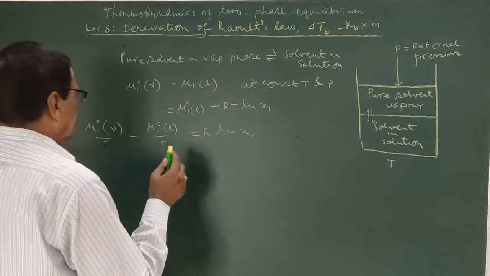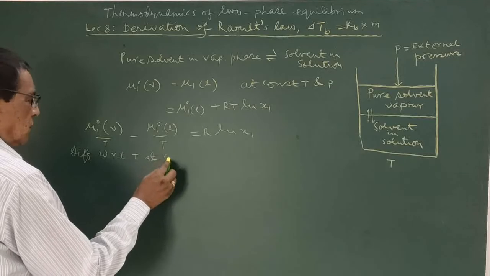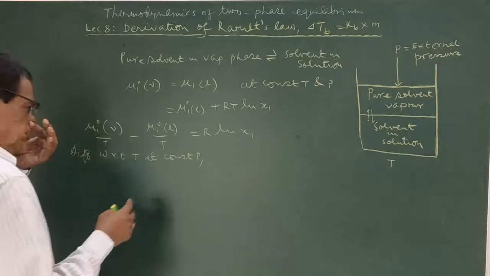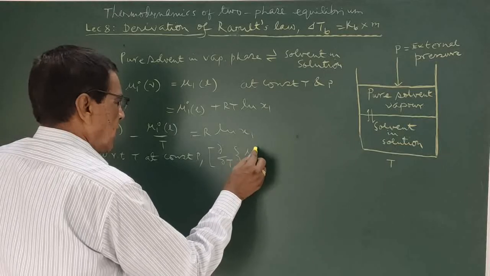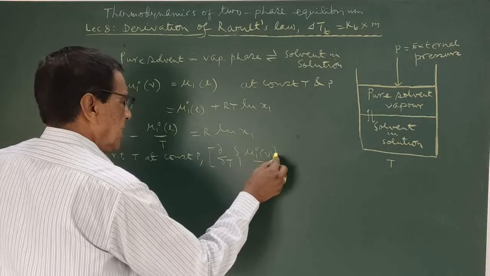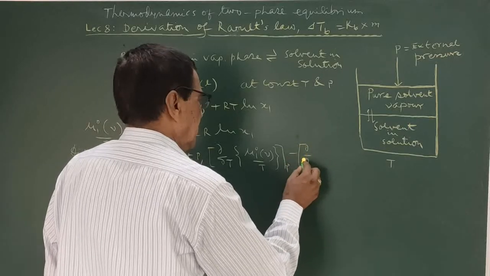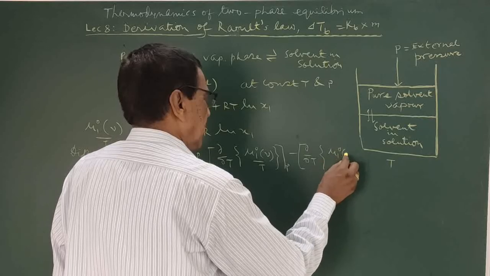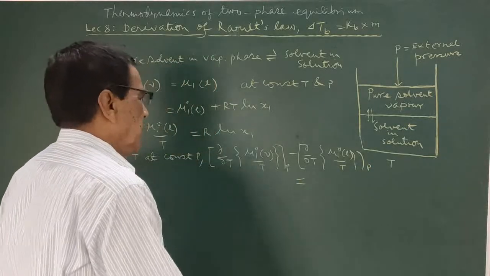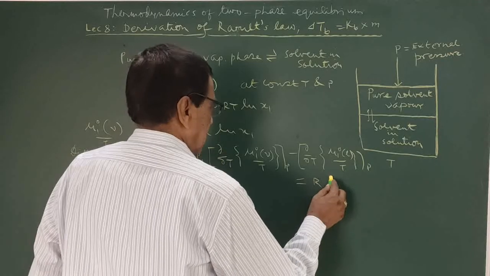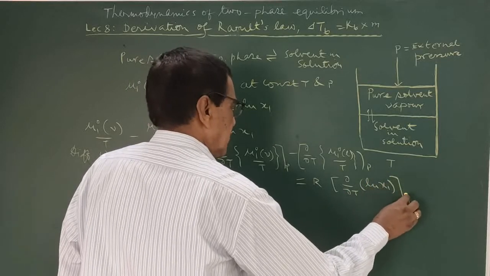So differentiating with respect to T at constant P, we have del by del T of mu1 naught V by T at constant pressure, minus del by del T of mu1 naught L divided by T at constant pressure, equal to R times del by del T of ln x1 at constant P.